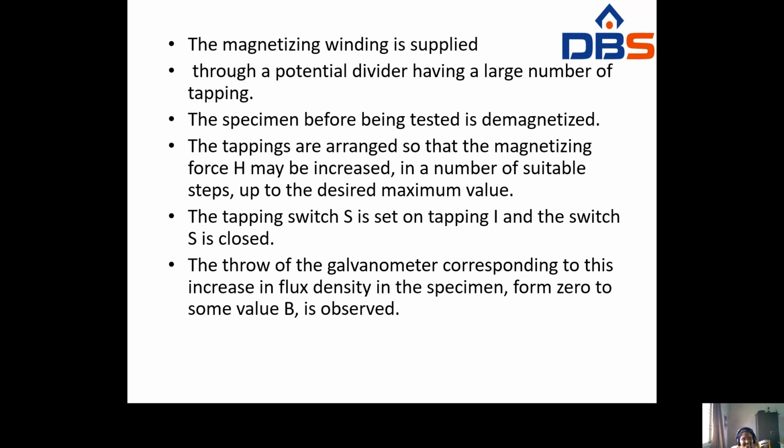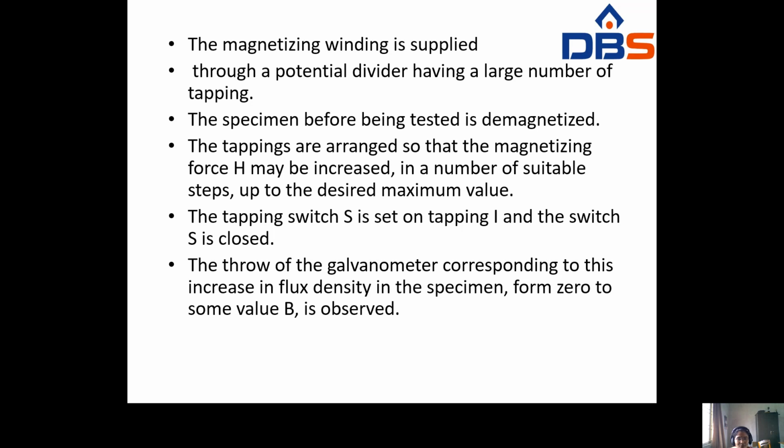Whenever you wind it with a wire, it will be magnetized. The tappings are arranged so that the magnetizing force H may be increased in a number of suitable steps up to the desired maximum value.